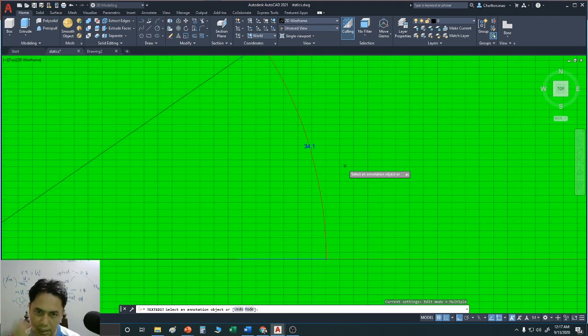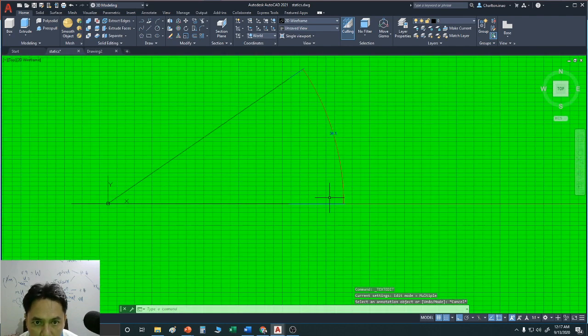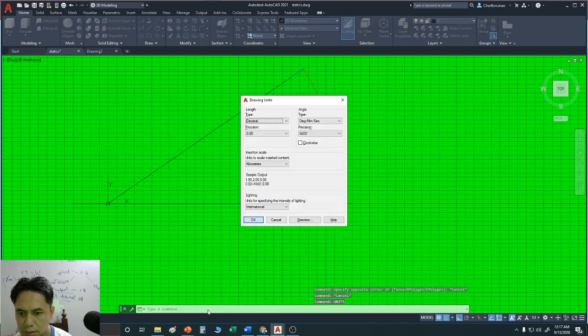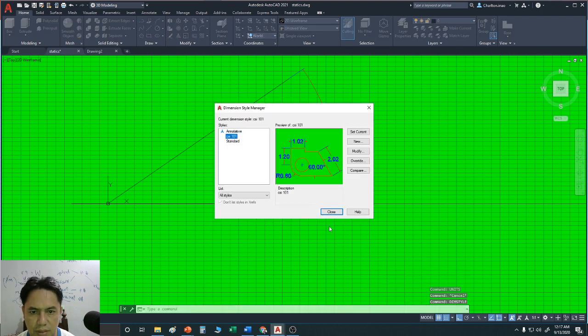As you can see, the angle is 34.1. Let me check this so that it will be easily visible.